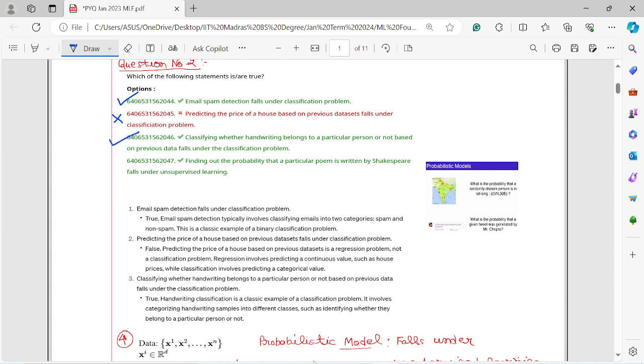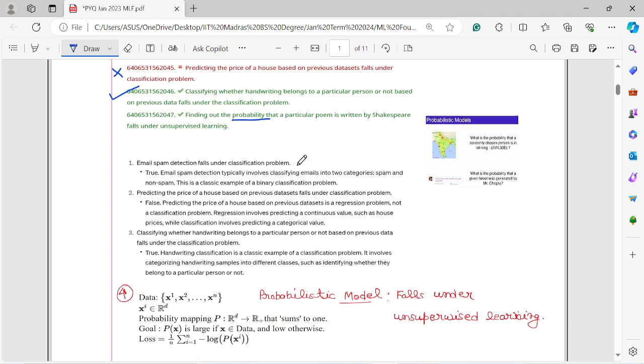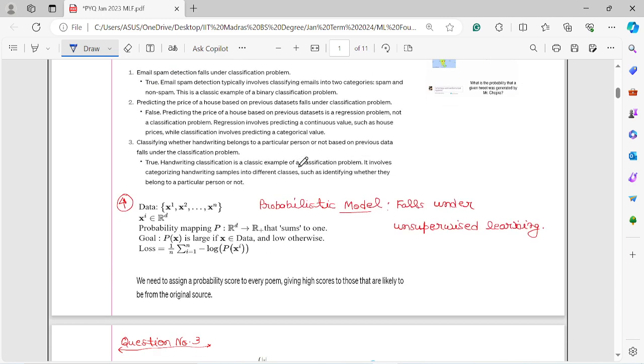And the fourth is find out the probability that a particular poem is written by Shakespeare falls under unsupervised learning. This option asks about the probability that a particular poem is written by Shakespeare or not. This is a probabilistic model, and probabilistic models fall under unsupervised learning.